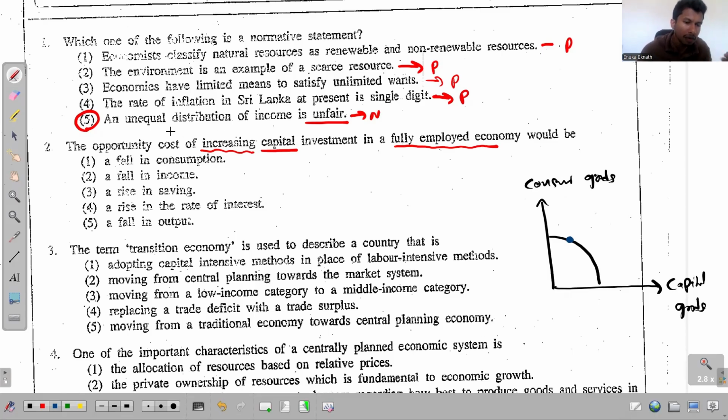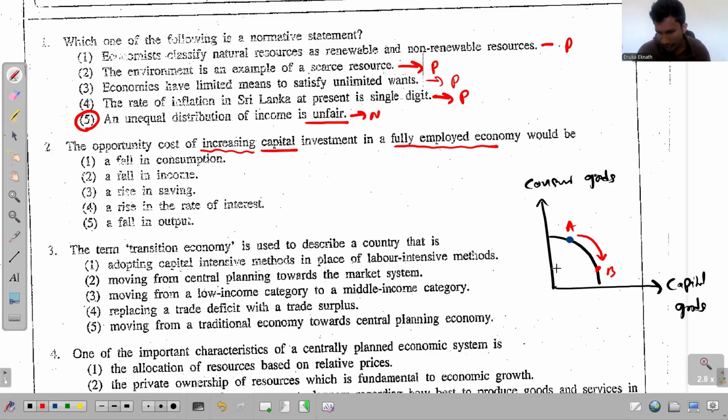The requirement is to recognize the opportunity cost of increasing capital investment in a fully employed economy. You are allocating more of the available resources to produce capital goods, and the requirement is to recognize its opportunity cost. So we know what happens if this economy moves from point A to point B.